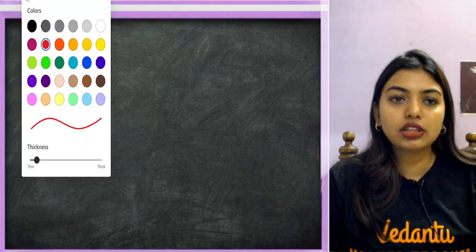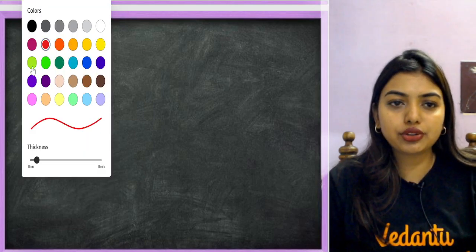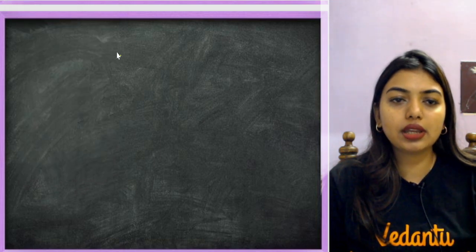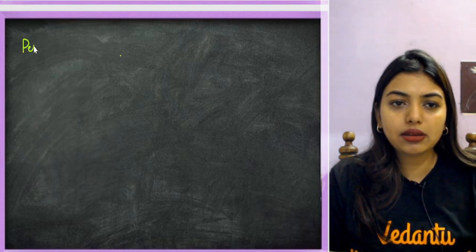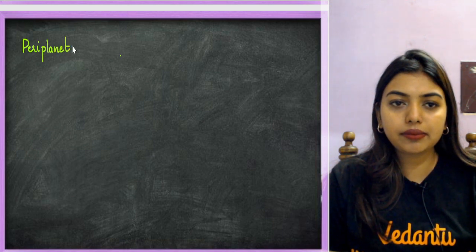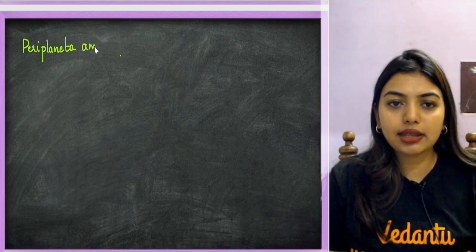So here the normal cockroach that you are going to learn is Periplaneta americana. Americana is the cockroach that you usually study.